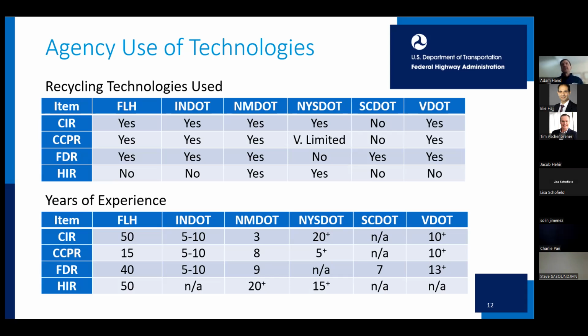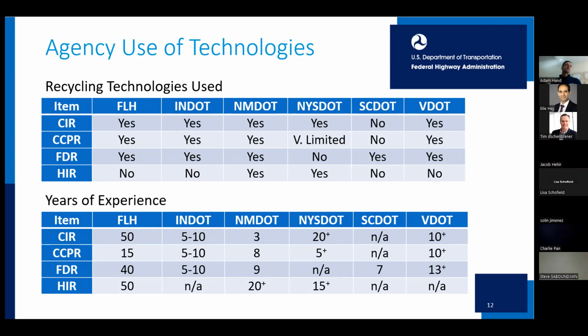And then the years of experience with the technologies, in the table at the bottom part of the slide, we asked the question, how long have you been using these technologies? And I think some of these numbers are a little bit misleading because some entities said, well, we used to use it and we quit using it and we've just been using it again now X years.